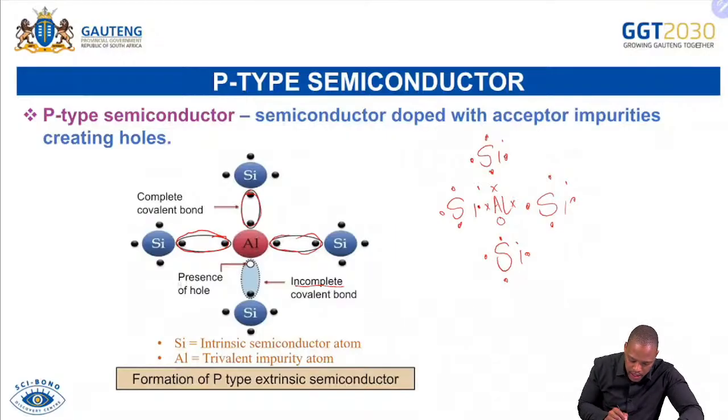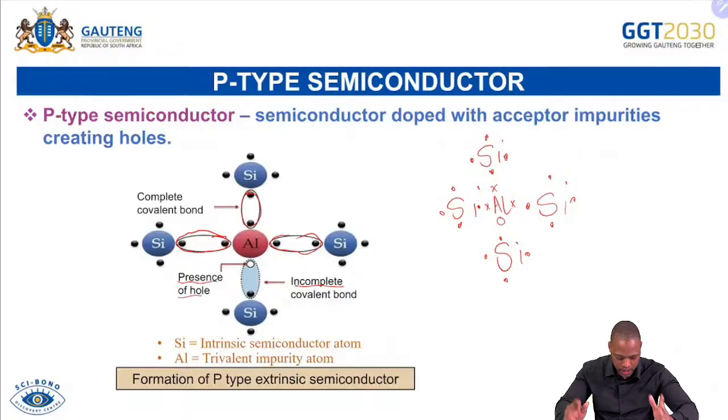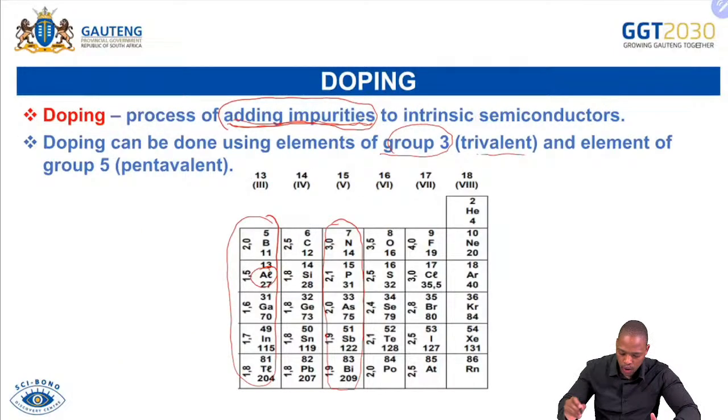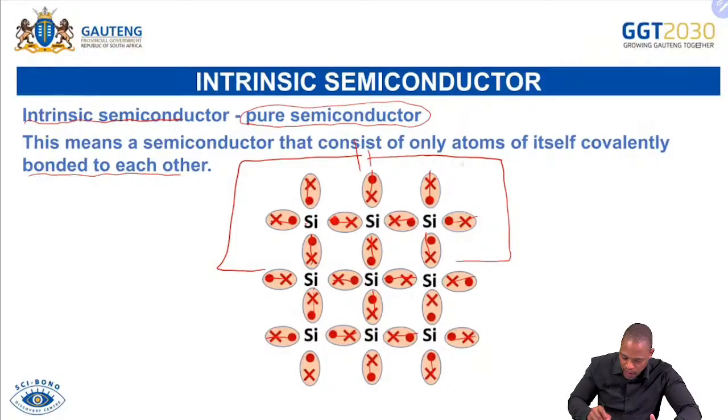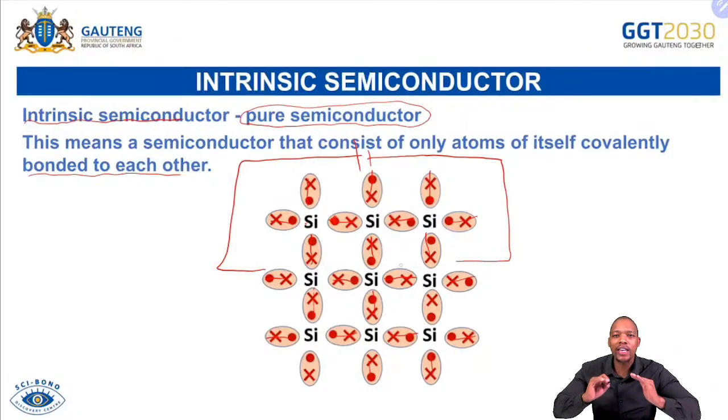So as it says here, there's a presence of a hole, right? Now this is important, grade 12, because if you remember, one of the reasons why this pure silicon was not conducting is because everything was stable. Everyone had 8 electrons around him or herself. Everyone was happy.